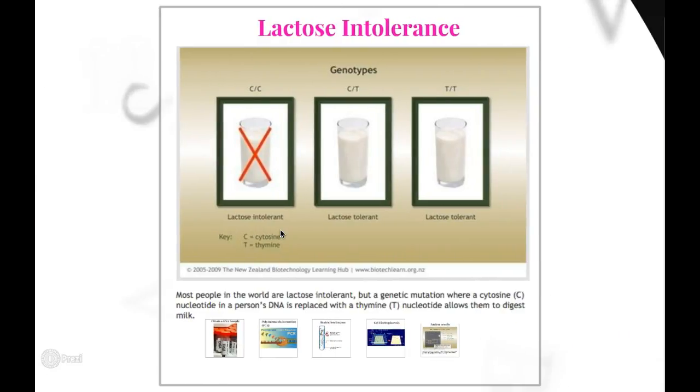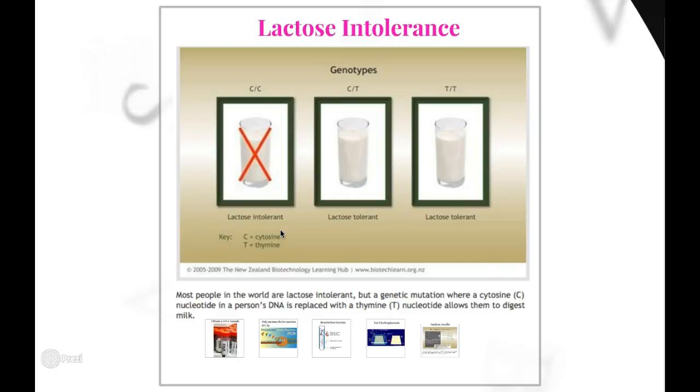Now, I want to talk to you about lactose intolerance, the latest diagnosis of which involves DNA diagnostic technology, which I think is pretty cool. So, most people in the world are lactose intolerant, but a genetic mutation where a cytosine nucleotide in a person's DNA is replaced with a thymine nucleotide allows them to digest milk.